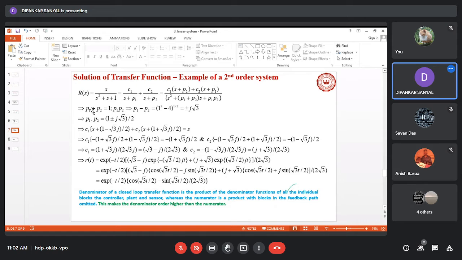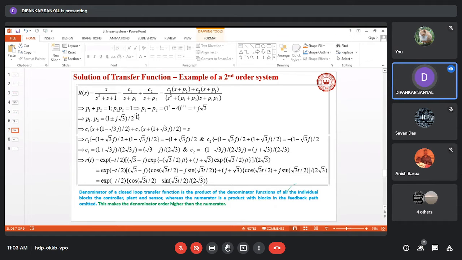So if I square it, and then from that, so P1 plus P2 whole square minus 4 P1 P2 is P1 minus P2 whole square.